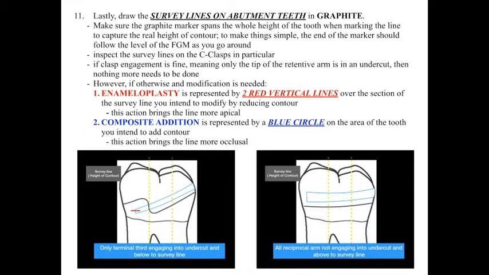One is that you need to decrease the tooth, meaning you will need to do enamelplasty, which you practiced in the sim lab before. So you should mark 2 vertical lines. Sometimes, if you don't have undercut and you want to change your tooth morphology, then you can add composite over the tooth. If you want to add composite, then you have to use the blue circle.